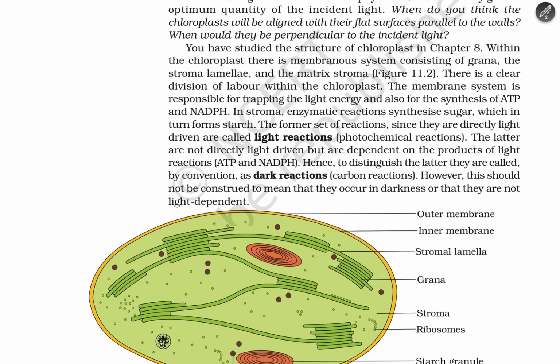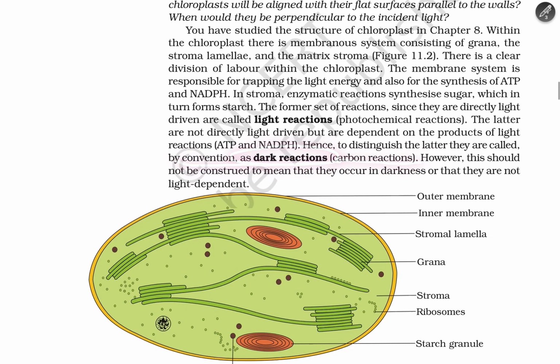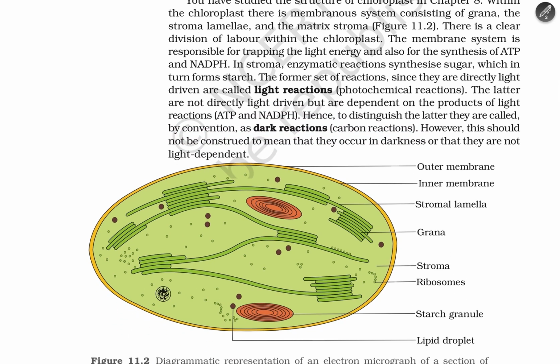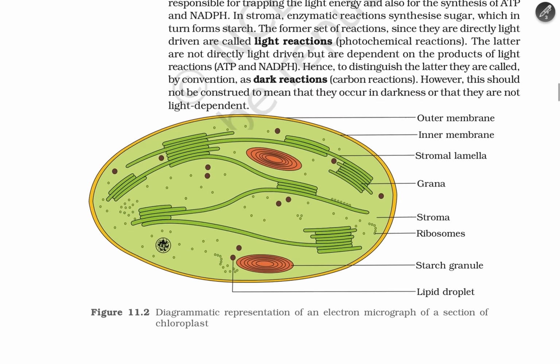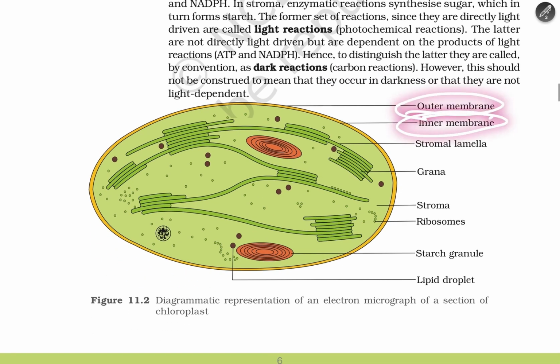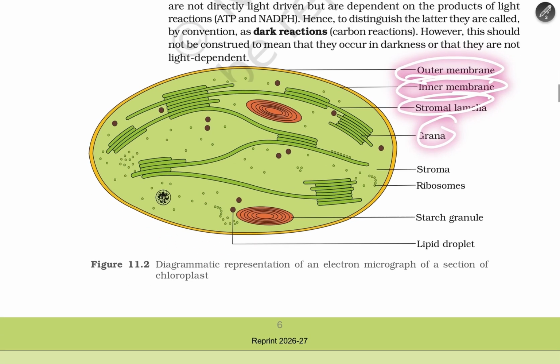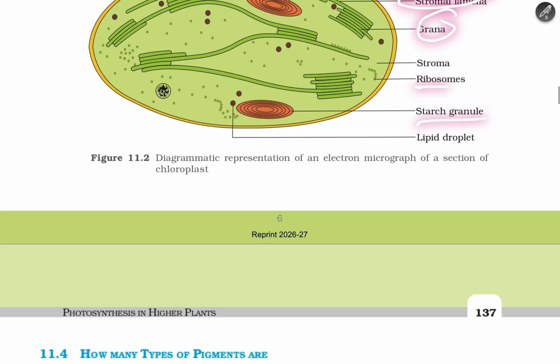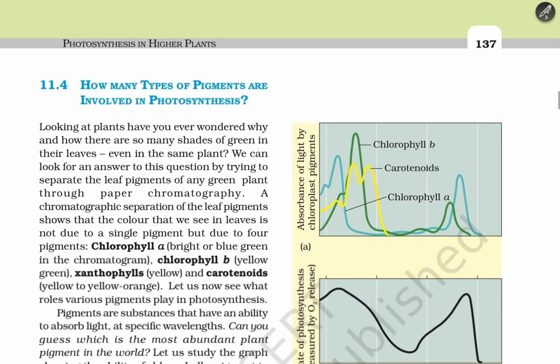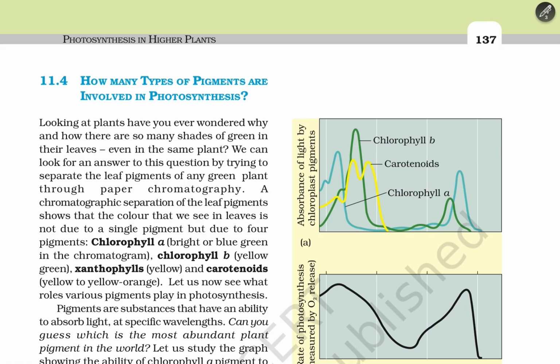Hence, to distinguish the latter, they are called, by convention, the dark reactions. This, however, is not to be construed to mean that they occur in darkness or that they are not light dependent. Outer membrane, inner membrane, stroma lamellae, grana, stroma, ribosome, starch granules, and lipid droplets.